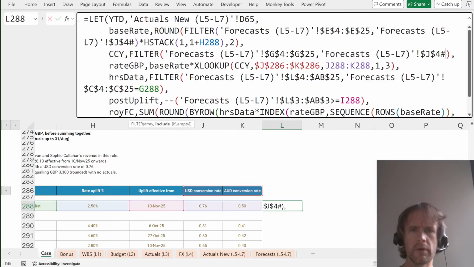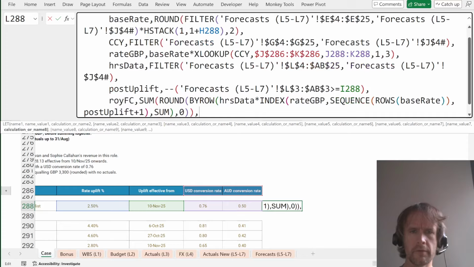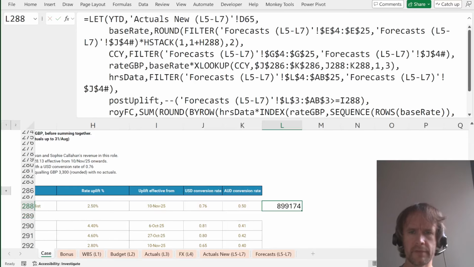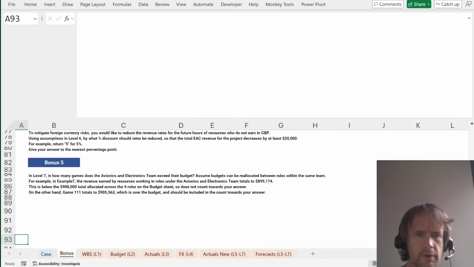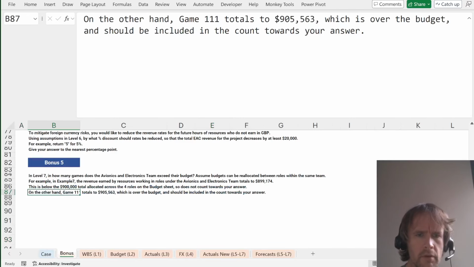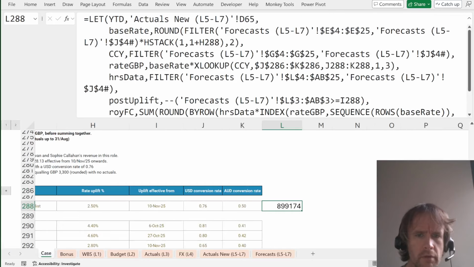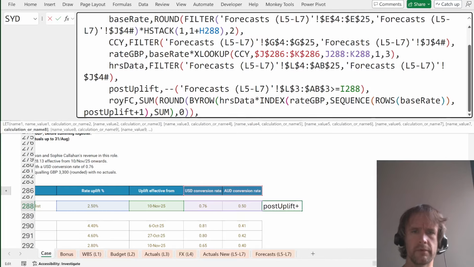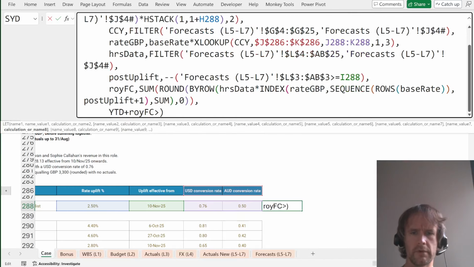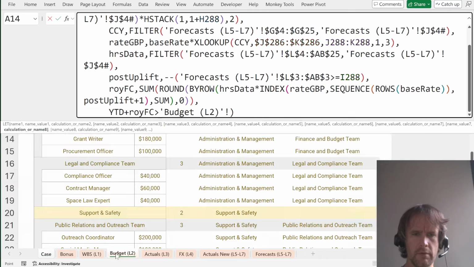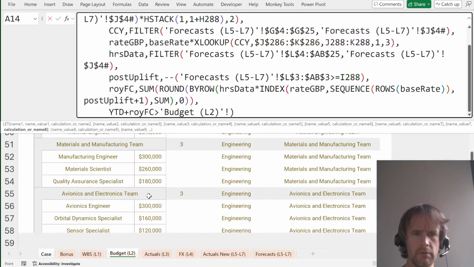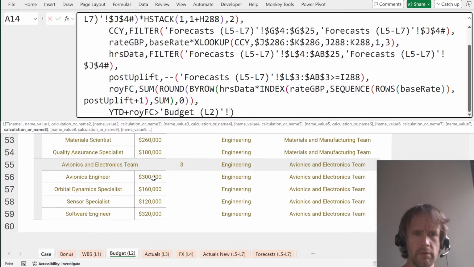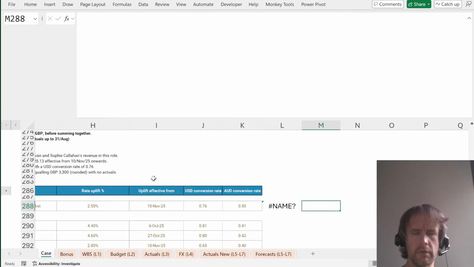Two. Here's number 3. Okay, good. And we're just saying, is it over or under? Okay, so this greater than what?